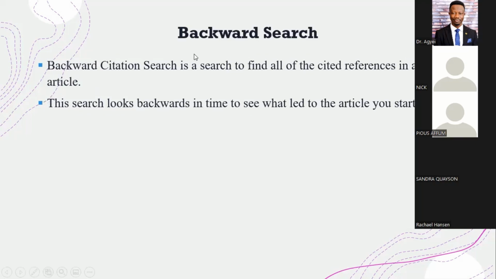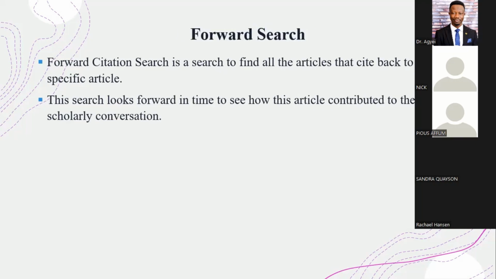I want to demonstrate forward and backward citation before we go back, because I think these need to be demonstrated for us to see the actual results. So let me stop the sharing and share my web browser here. One minute, I will share the web browser.